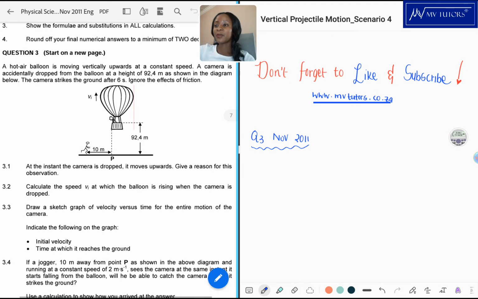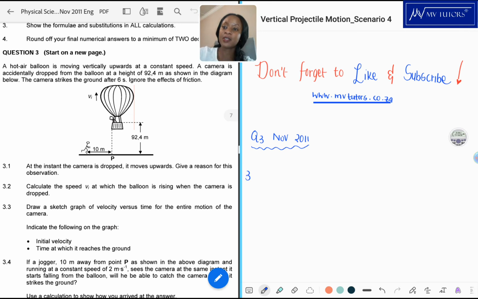So now 3.1, it says, at the instant the camera is dropped, it moves upwards. Give a reason for this observation. Before I even answer, think about a scenario where you are in a car, not wearing a seatbelt, and the car is moving at 80 kilometers an hour and then it crashes. Are you going to stop immediately, or will you still move at the speed that the car was moving in?